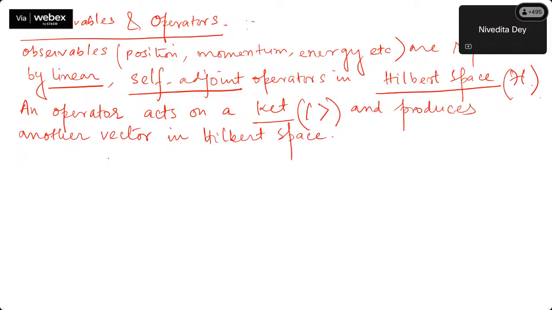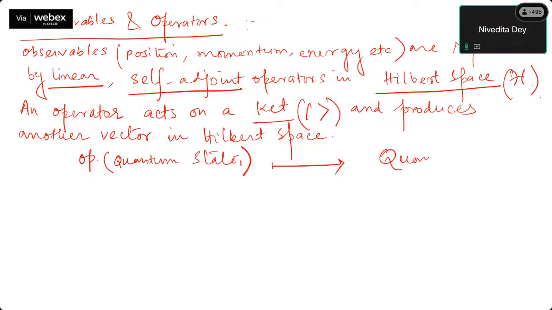Okay, that means an operator is something that operates on a quantum state, which is represented with the ket, say quantum state 1, and produces another quantum state, say 2.